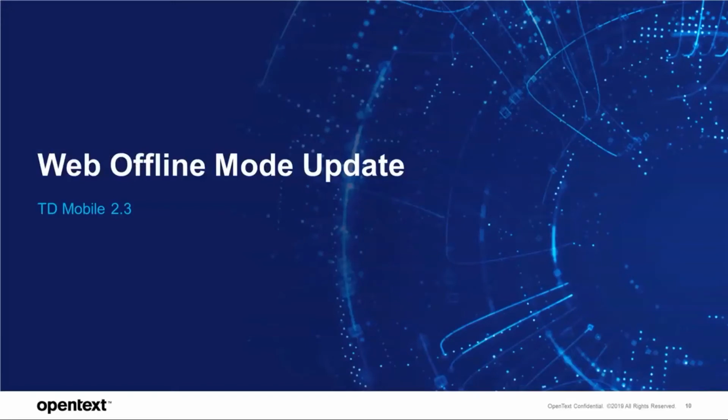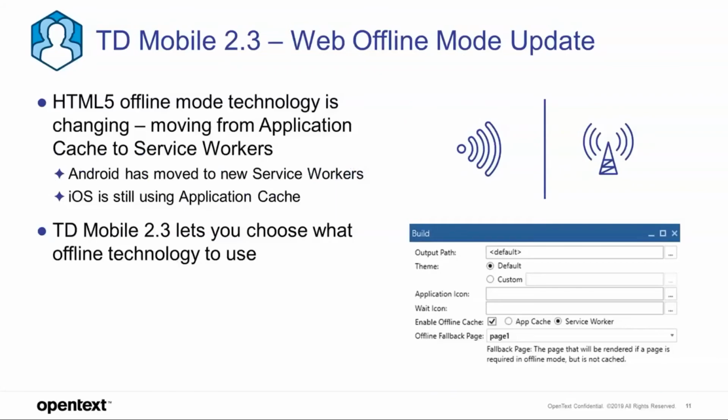The web offline mode, we need to update that one, or we have updated that. So the HTML5 definition is going away from the application cache that we have been using initially to a method that is called service workers. In the current phase, Android is using service workers, so they are a bit ahead of iOS, which is using application cache.